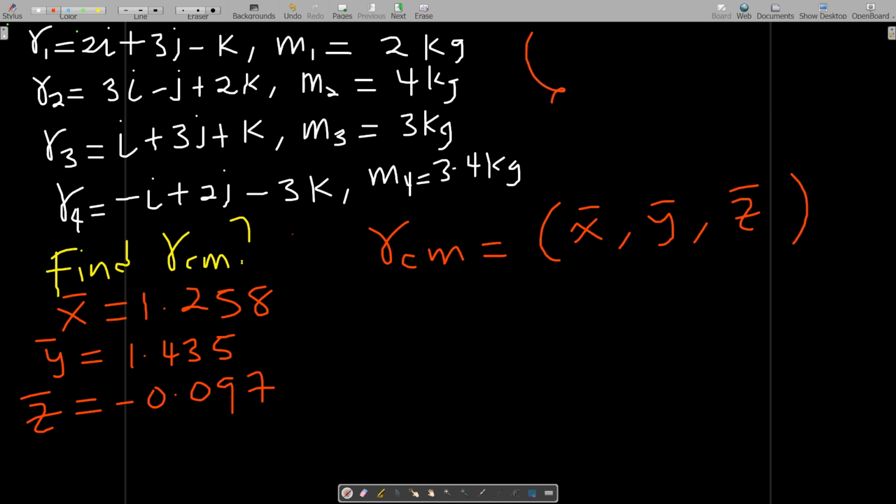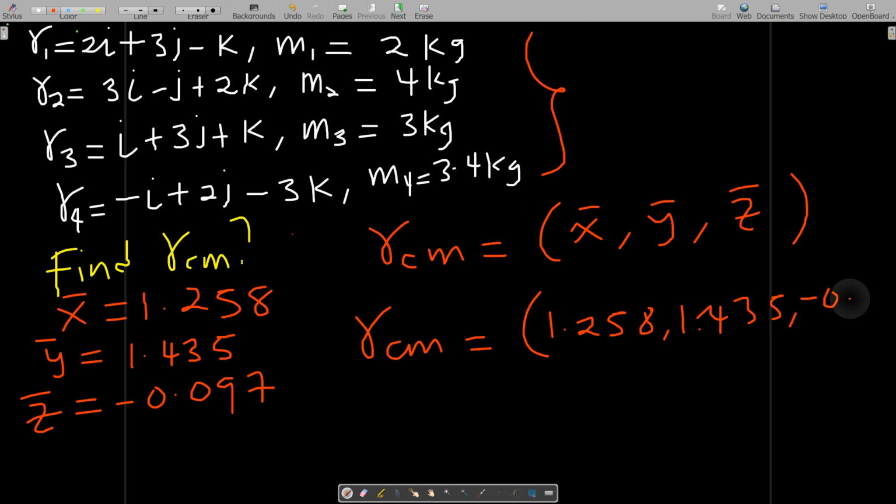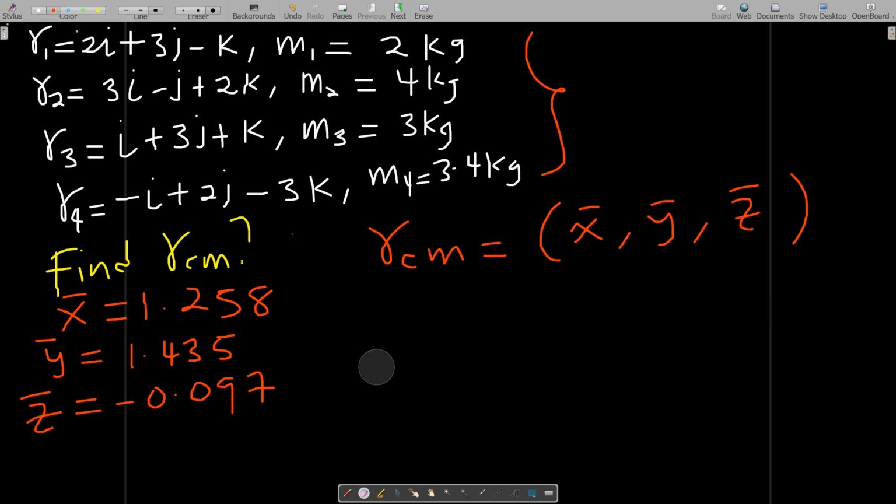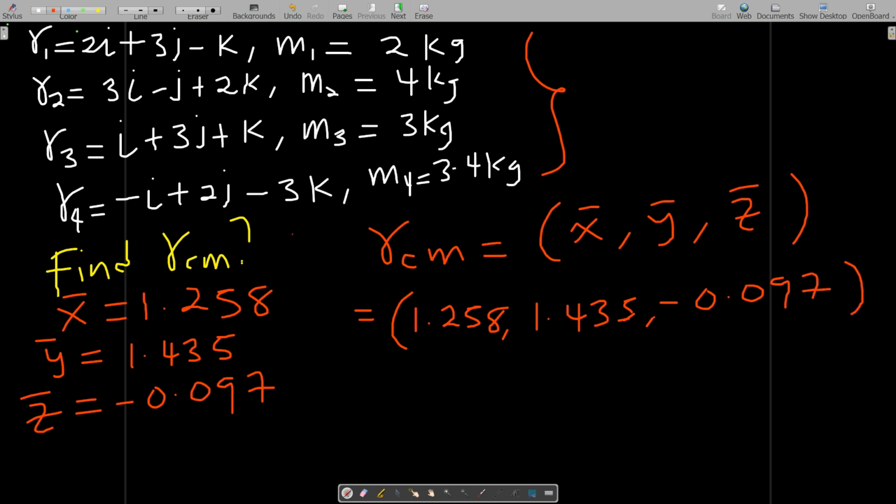So for this system of particles, our center of mass position is: x bar is 1.258, y bar is 1.435, and z bar is -0.097. Okay, so this is it for this question.